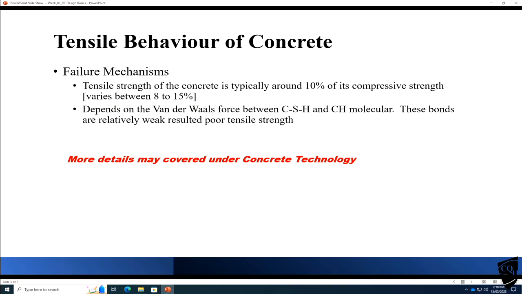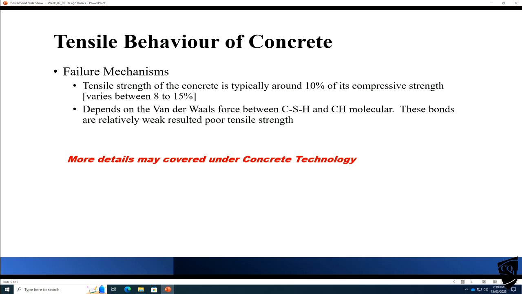Tensile strength, it's quite weak. As we discussed, it's maximum about 10%. It varies between 8 to 15, but the typical number is 10%. And the failure is the failure of the Van der Waals connections between these molecules.